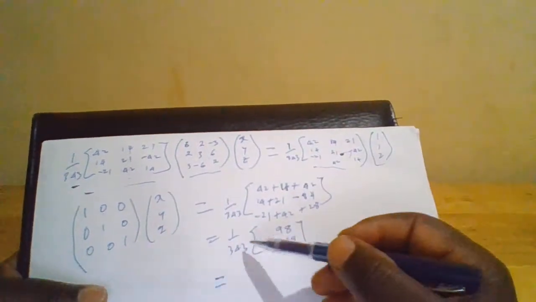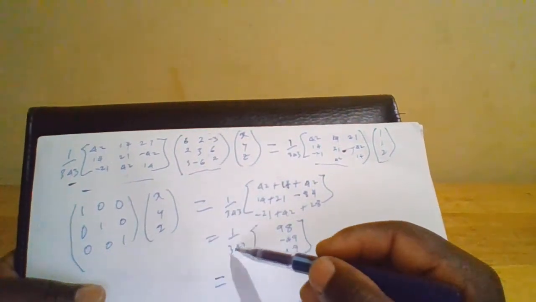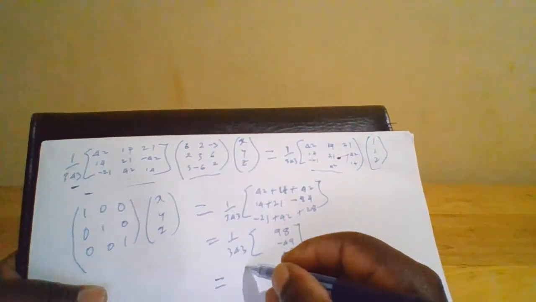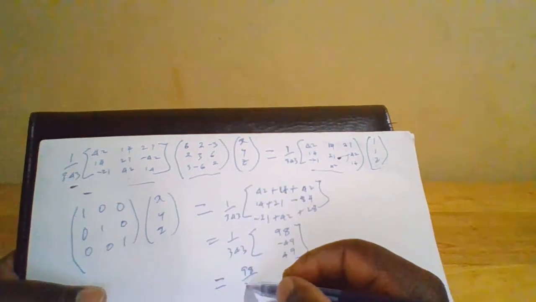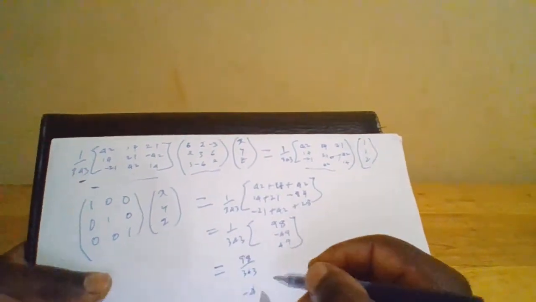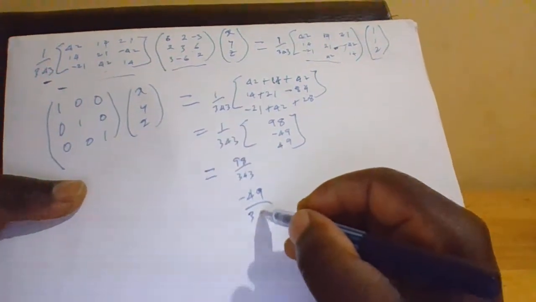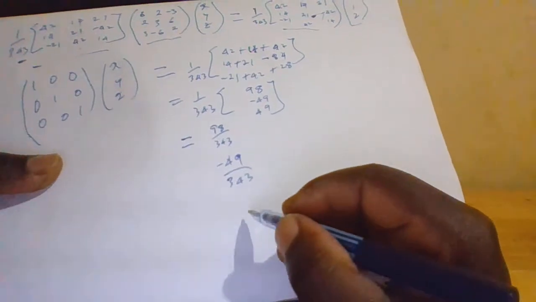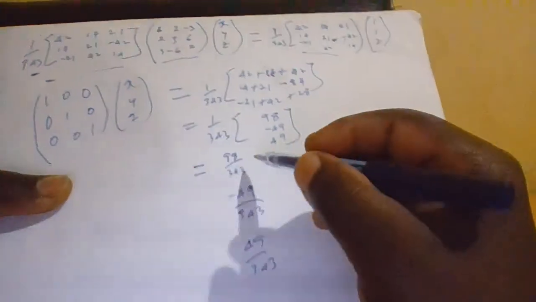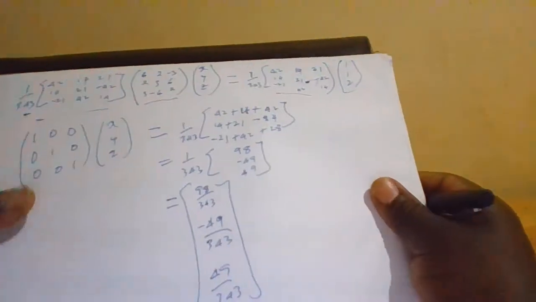Now we multiply through by 1 all over 343. So this will be 98 over 343, minus 49 all over 343, then we have 49 all over 343, like that.